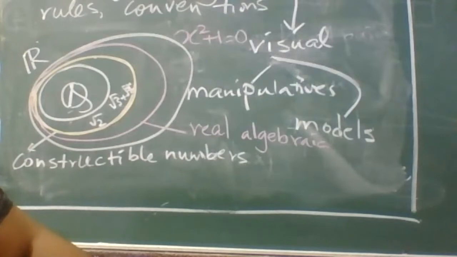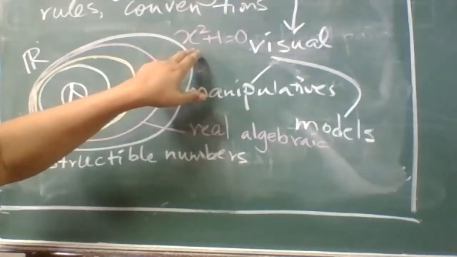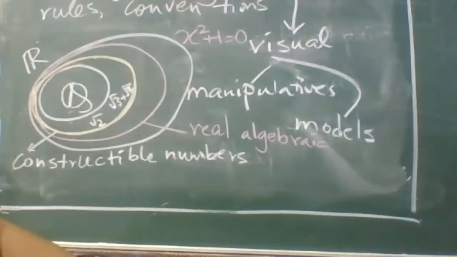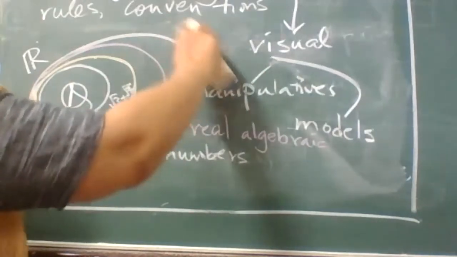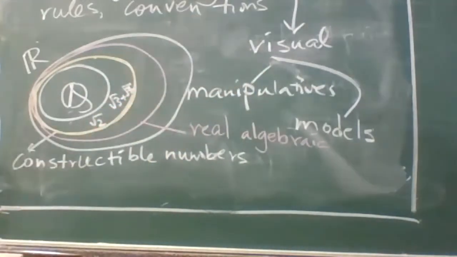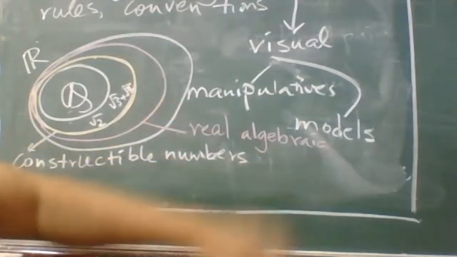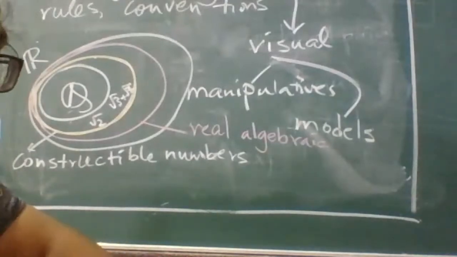So something which is 0 or more plus something which is more than 0 is strictly positive, so it cannot be equal to 0. So we don't have a real solution for x squared plus 1 equal to 0. That is why the set of algebraic numbers includes complex numbers and imaginary numbers.